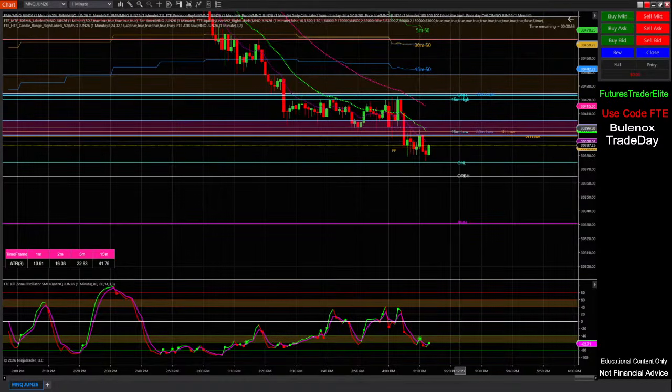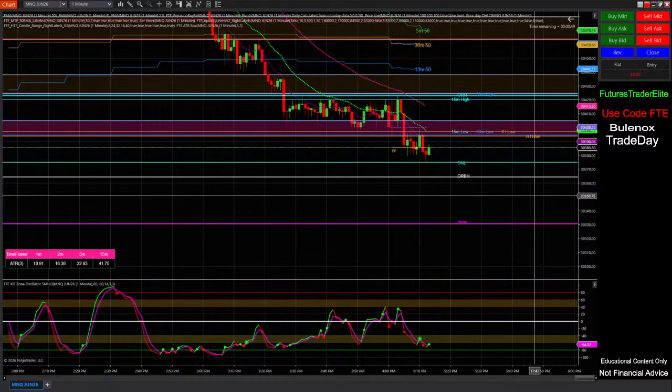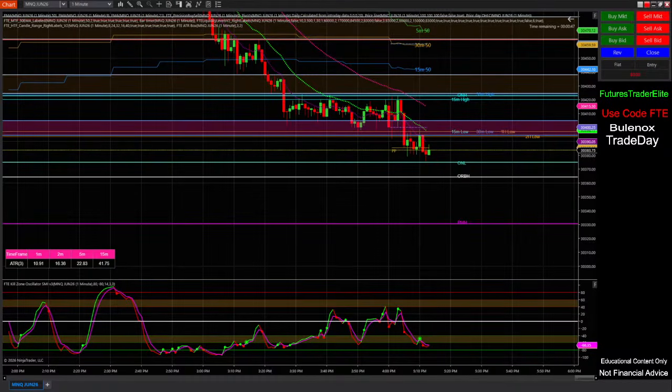I feel like this wants to see a bigger move to the downside, but possibly not. Are you over there shorting? Are you winning? SpecialK shorting. Are you getting ate up?